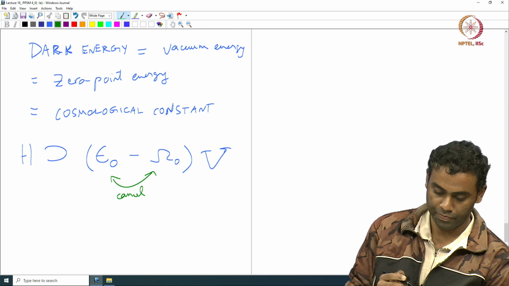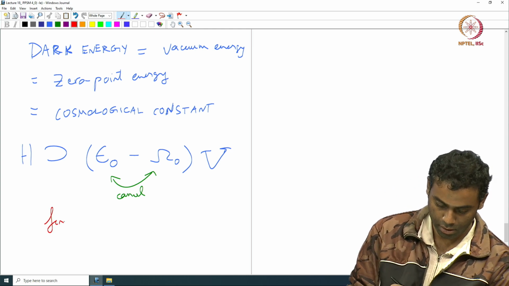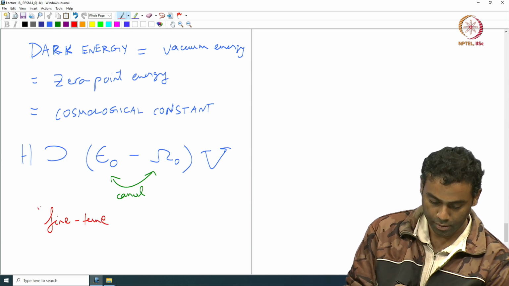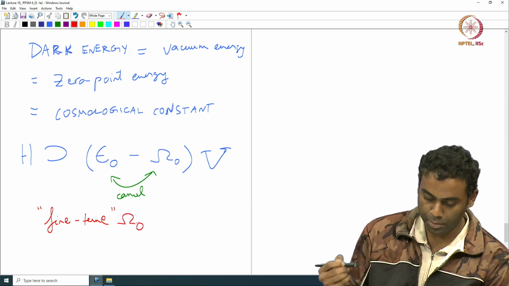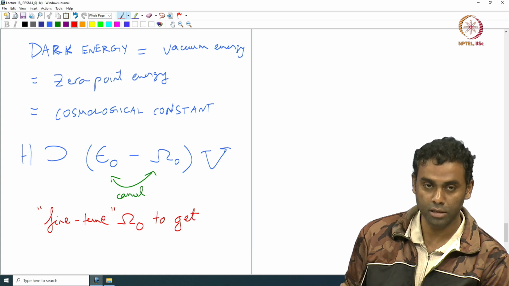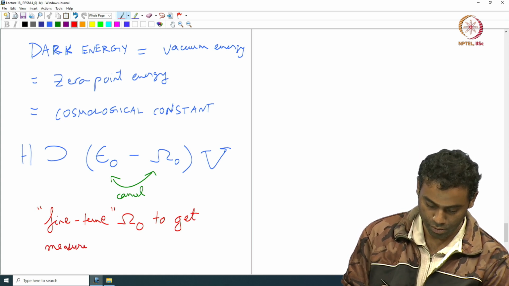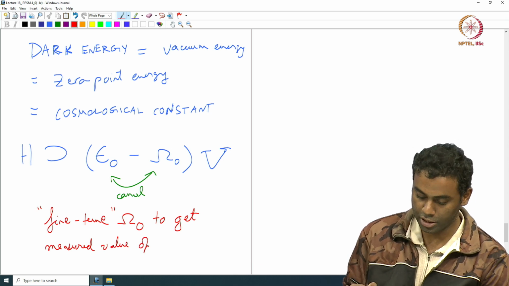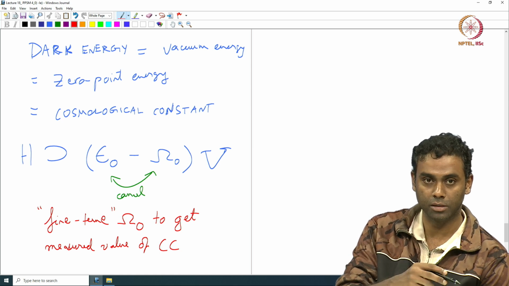In other words, you are asking that we fine tune, it's a technical term these days, we fine tune the bare omega naught to get the measured value of the dark energy. Let me just call it the cosmological constant. Okay. So these are all interchangeable terms.